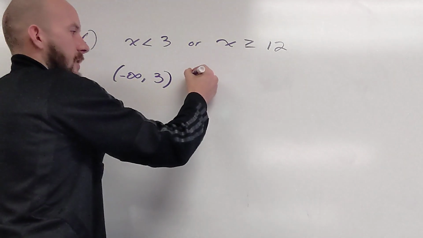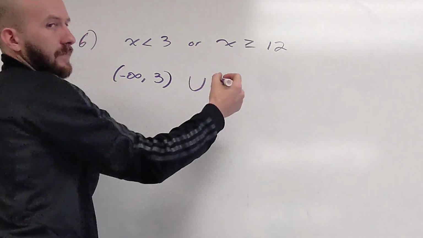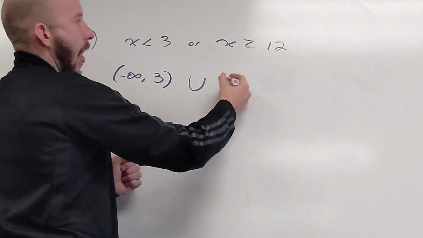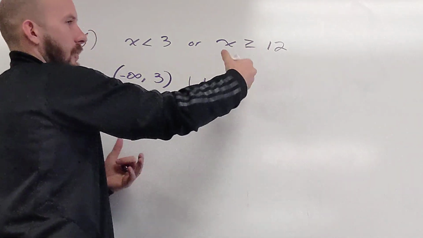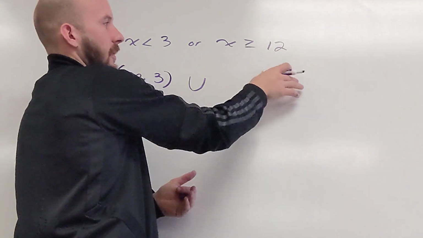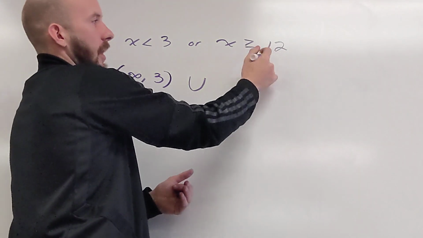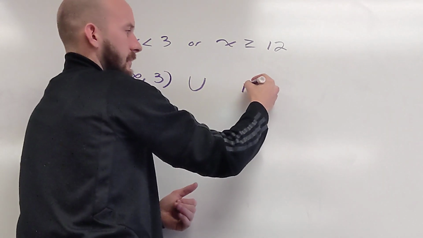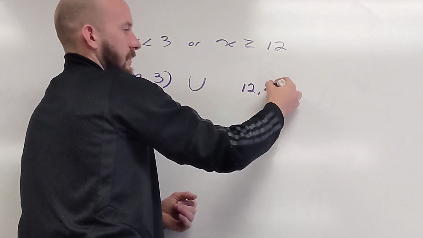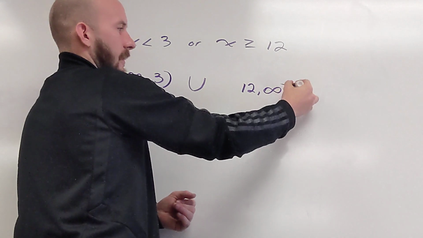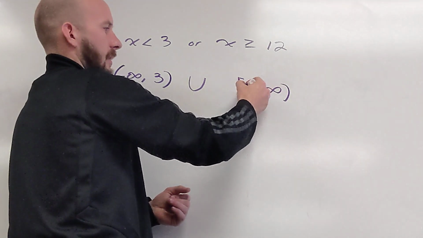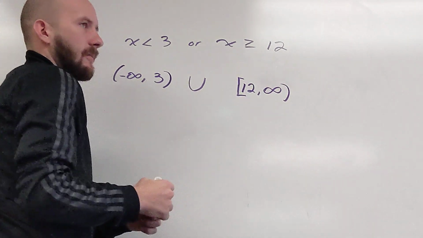And then we use a union symbol, which is like a U without the tail. And it's union, which means to put together with the interval here, which is going to be 12 to infinity. Of course, parenthesis on the infinity, and then we have a bracket on the 12.